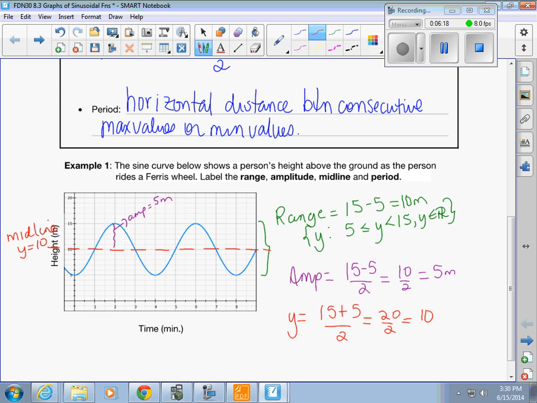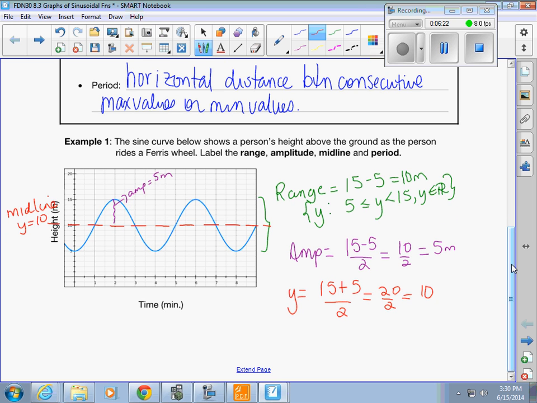Okay, and then the last one says we need to know the period. So the period is the distance between maximum values, or between minimum values. So it doesn't matter which one you choose. I haven't used blue. So if I look at the minimums here, I'm going from this point to that point.